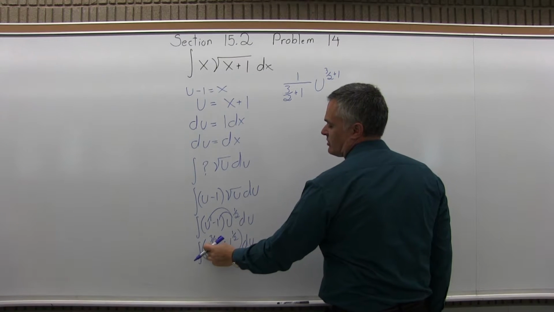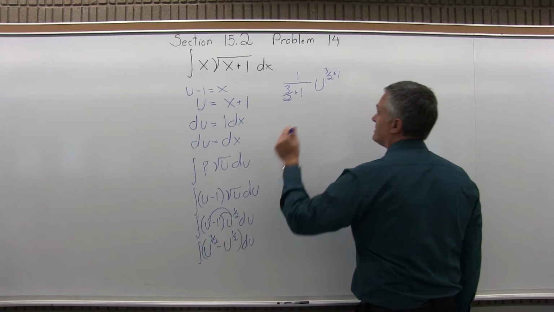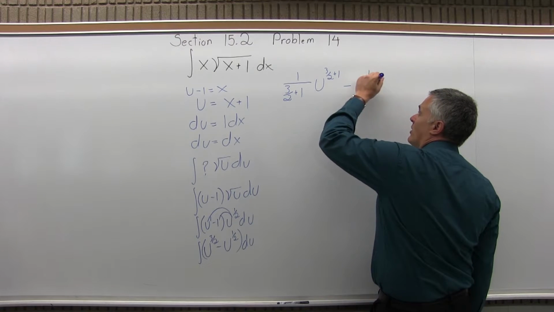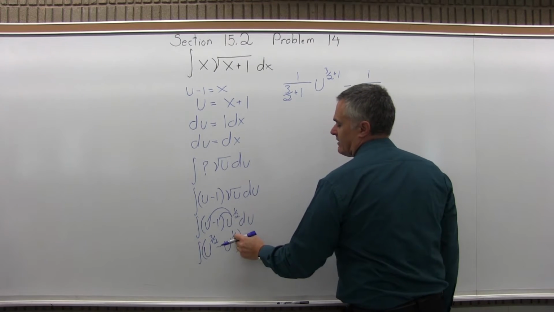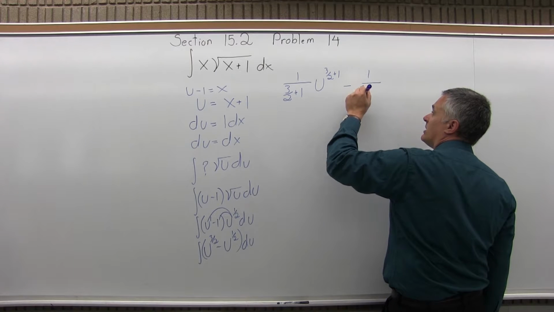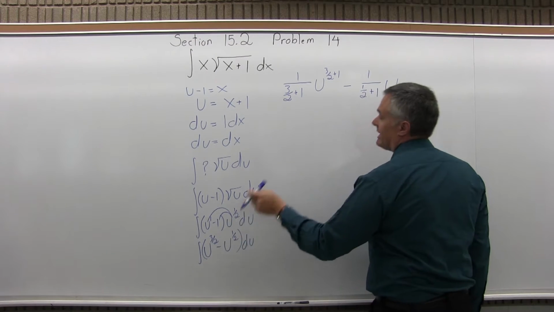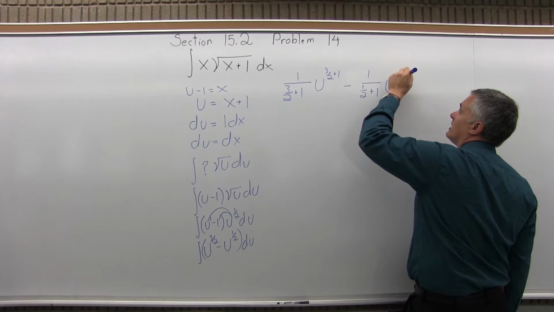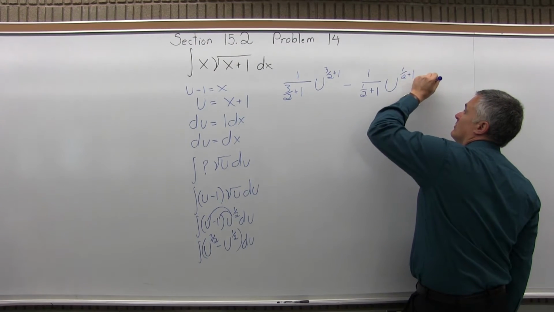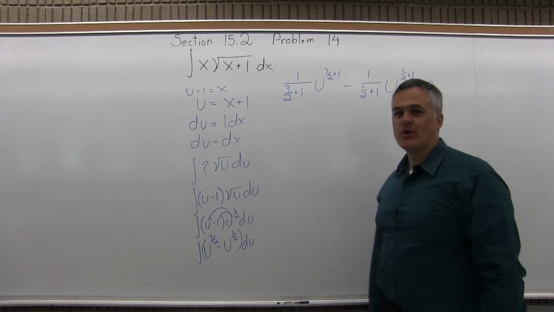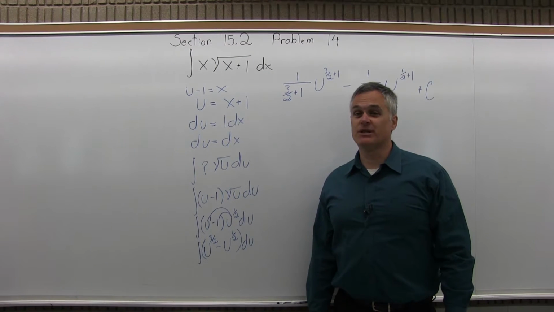That takes care of the u to the 3/2. Now minus, pay attention to the sign, 1 over n plus 1 will be 1/2 plus 1, u to the 1/2 plus 1, plus some constant.